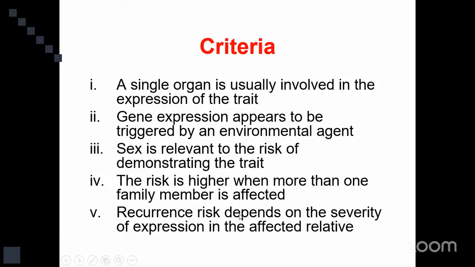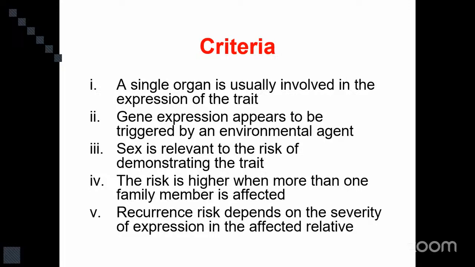Number one, a single organ is usually involved in the expression of the trait. Number two, gene expression appears to be triggered by an environmental agent. If the environmental agent is there, then it will be triggered. Three, sex is relevant to the risk of demonstrating the trait.